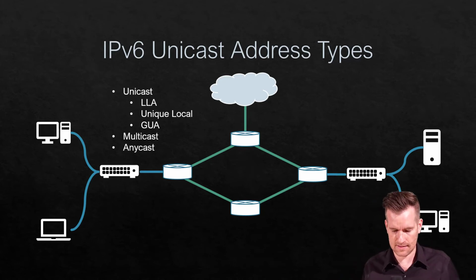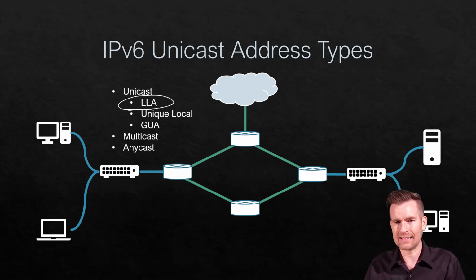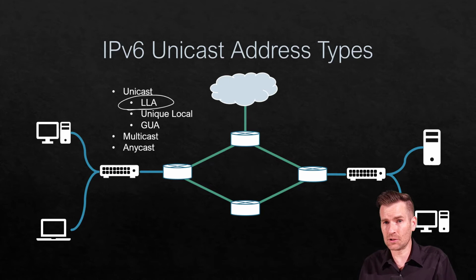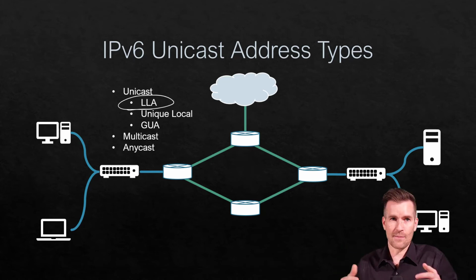All right, let's get a little further into some different unicast addresses that we have. So first of all, we have a link local address. A link local address is similar to IP version 4, where addresses automatically get assigned to your devices when there's no DHCP server. So you start up a Windows machine, it doesn't find a DHCP server, so it will automatically assign a 169.254 address to it.